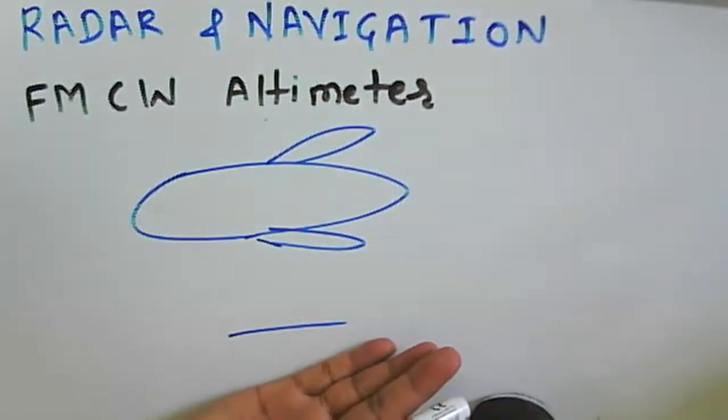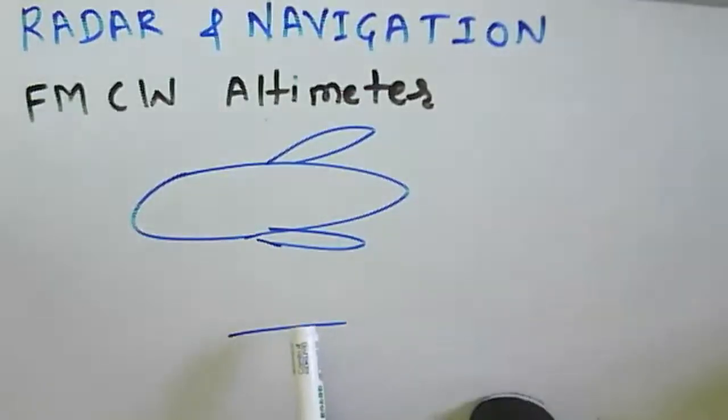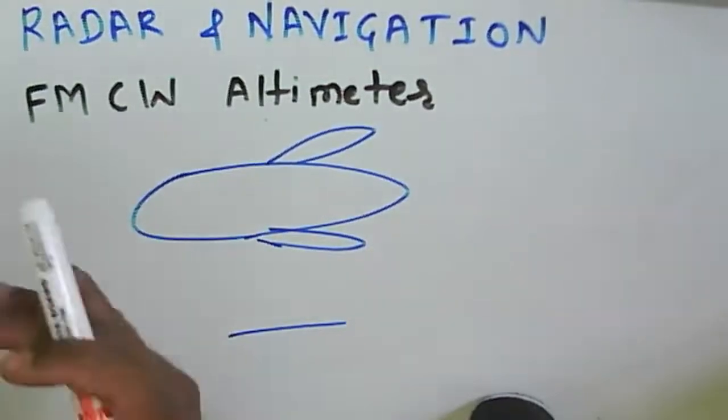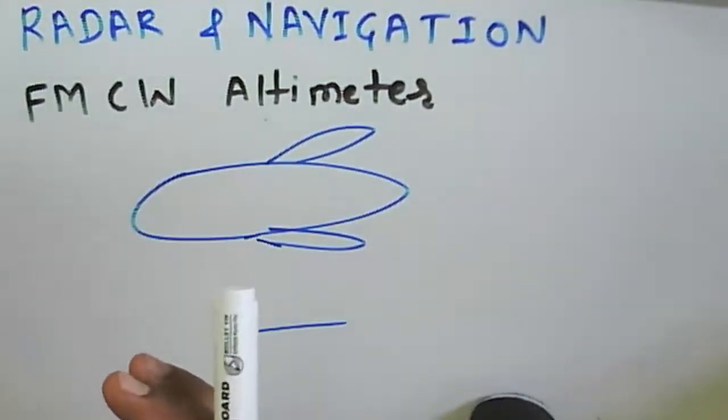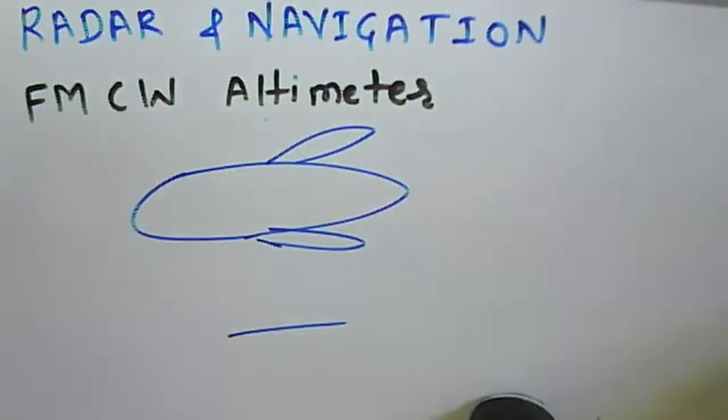So the difference of motion from the aircraft is very, very small. Because of that, the Doppler shift from the surface will be very, very small, or we can say the Doppler shift will be neglected.